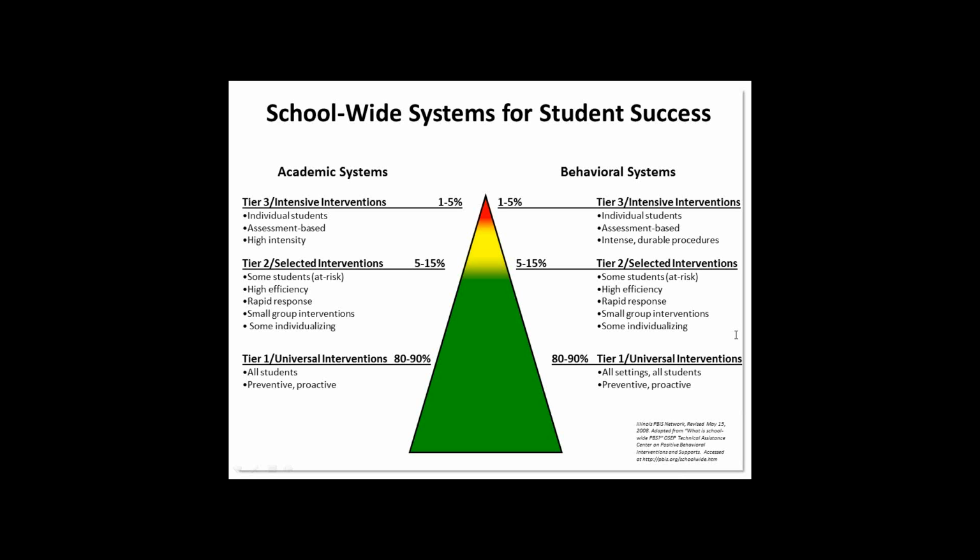And we had a question around data tracking tools to progress monitor for SAG groups. Typically, you're using the DPR, that daily progress report, across all of your Tier 2 interventions. So that becomes the tool that you use. As the student moves into a SAG group, your daily progress report is going to be reflective of what that student is working on in that group.